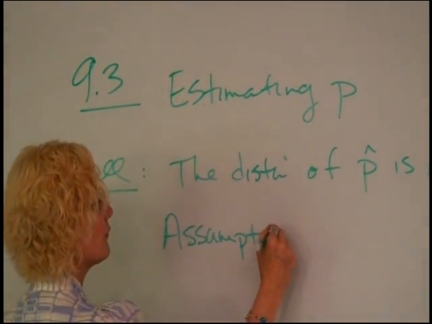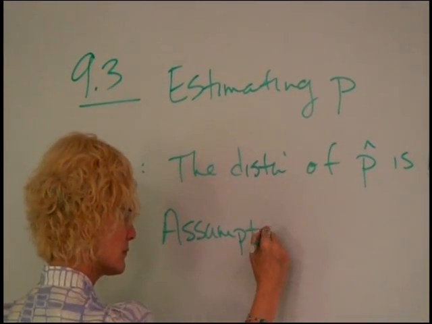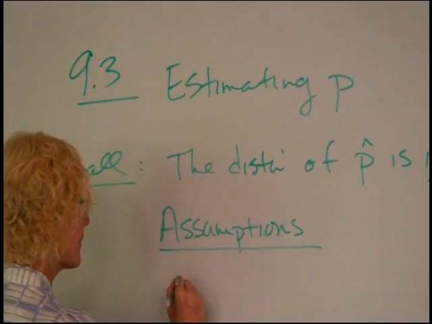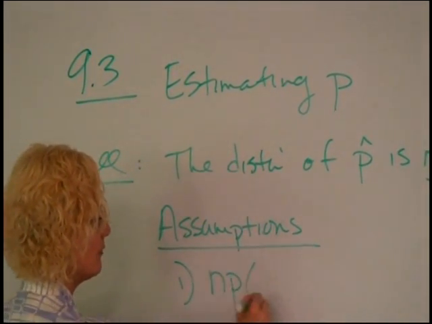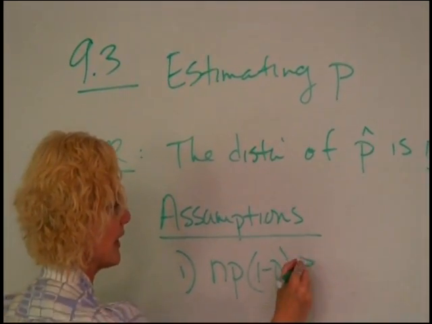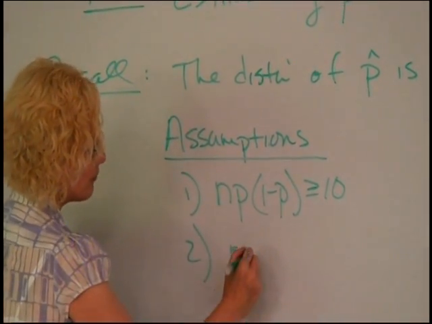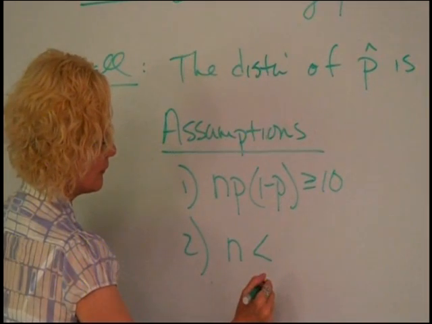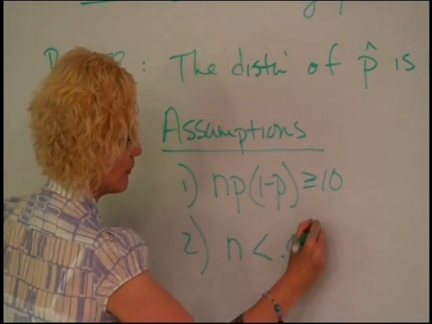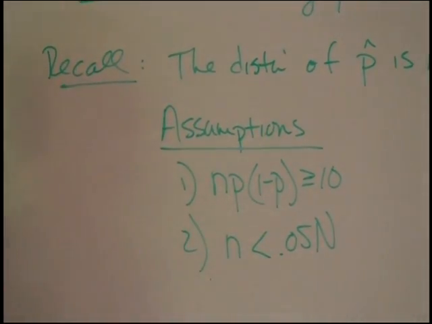So the assumptions are that n times p times 1 minus p has to be at least 10, and that the sample size is less than 5% of the population size.